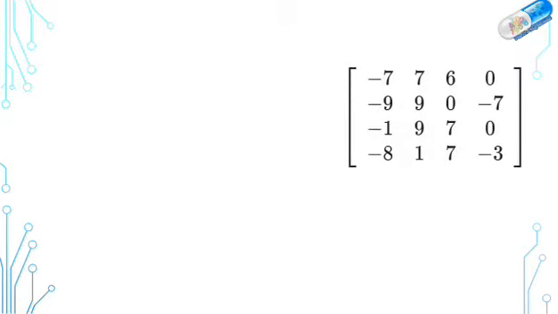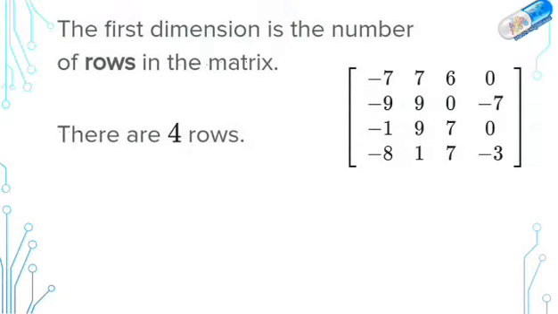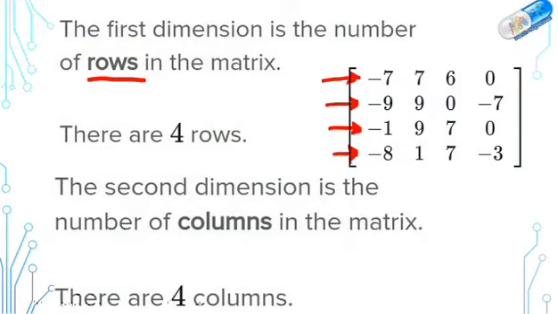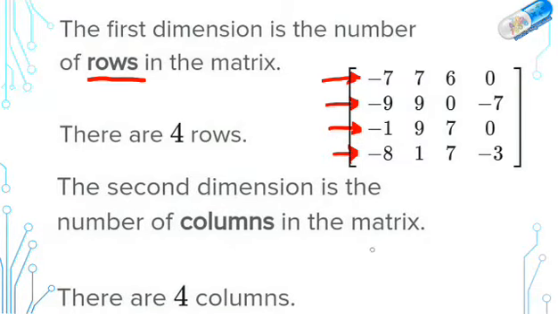So, in this matrix, the first dimension is the number of rows in the matrix, and rows means the horizontal rows. So this is 1, 2, 3, and 4 rows. So we have 4 rows. And the second dimension is the number of columns in the matrix. And let's count here how many columns.